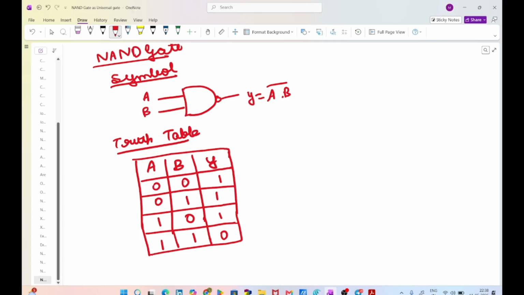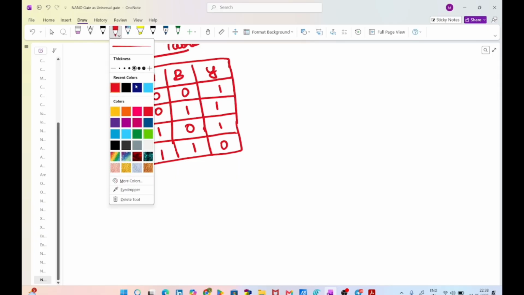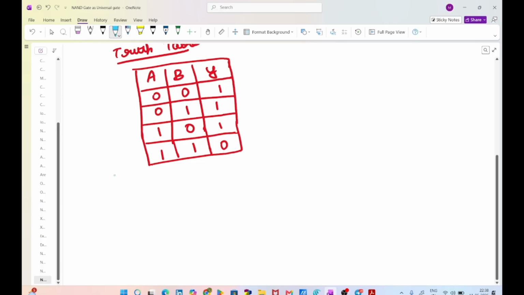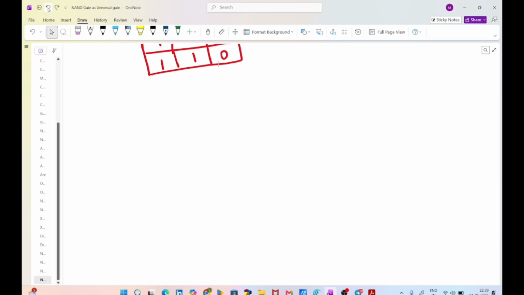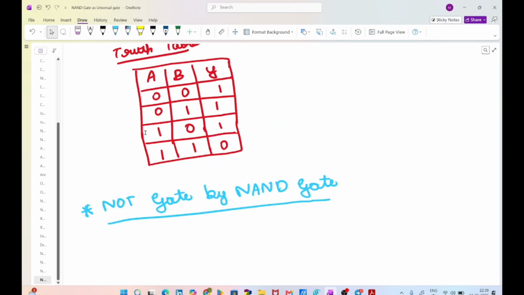Guys, let's implement the NOT gate by NAND gate. You are seeing in the truth table that when the input is 0 0, the output is 1, and when the input is 1 1, the output is 0.